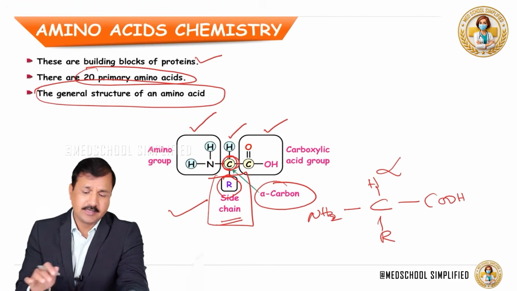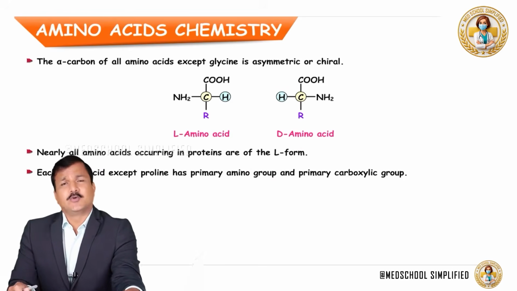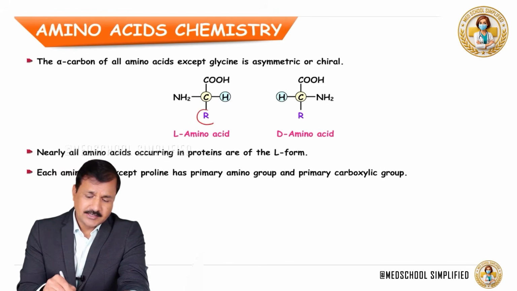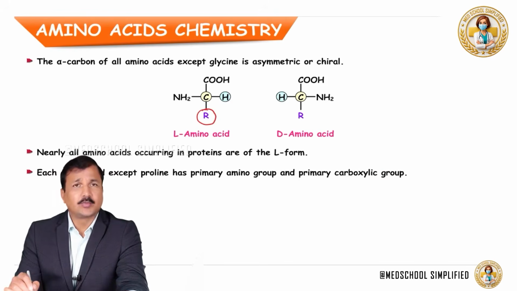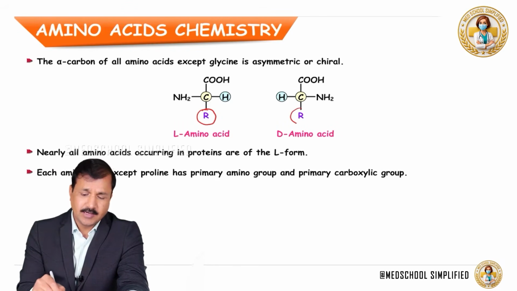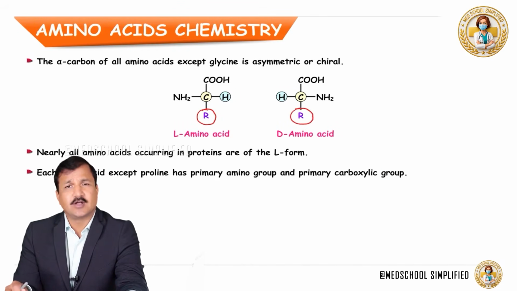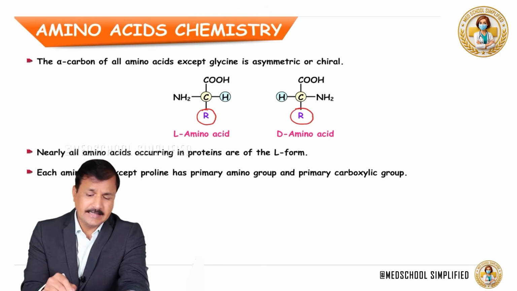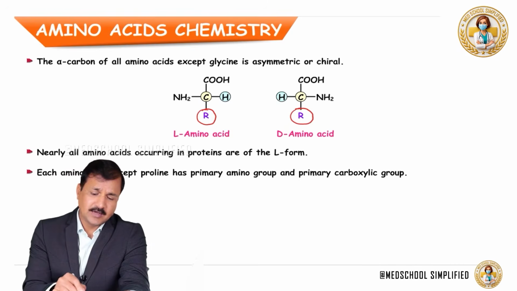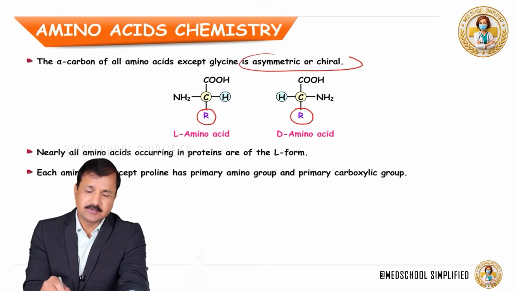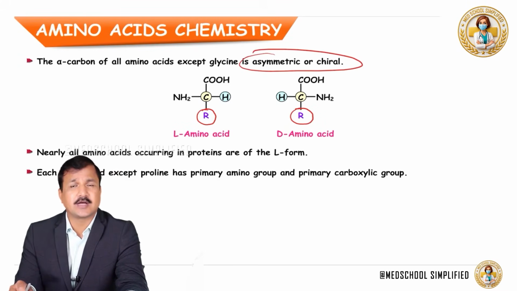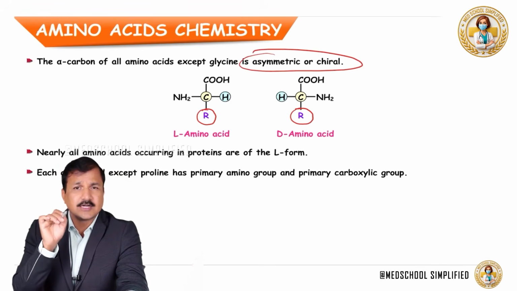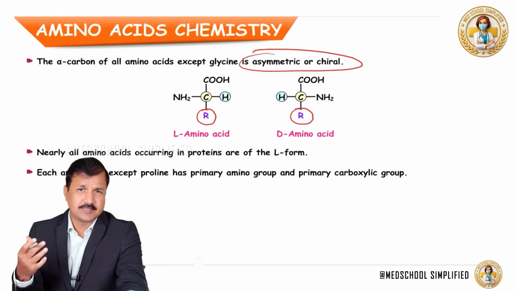Now, based on the groups that are attached to the alpha carbon of an amino acid, basically I am talking about this R group here, look at the R group. Out of 20 standard amino acids, 19 of them have an alpha carbon that is an asymmetric carbon, or a chiral carbon. That means the alpha carbon is attached by different atoms.